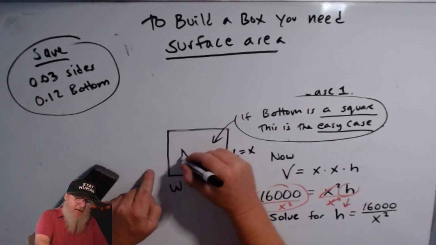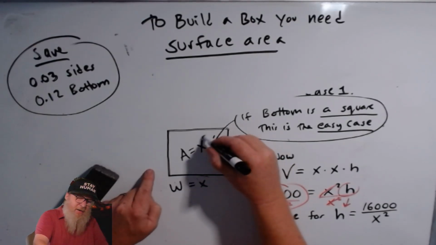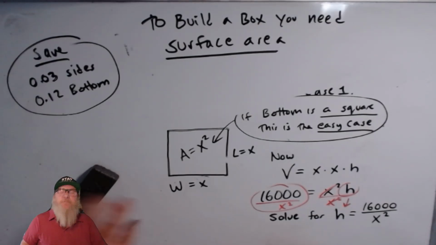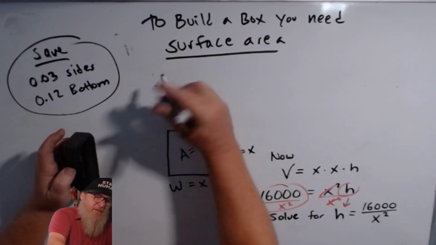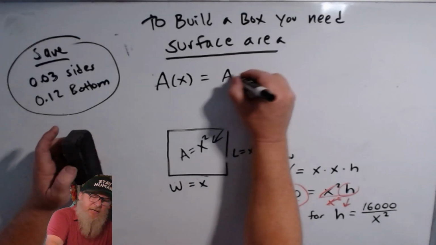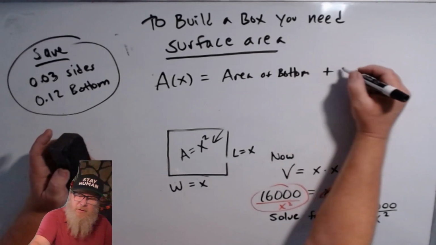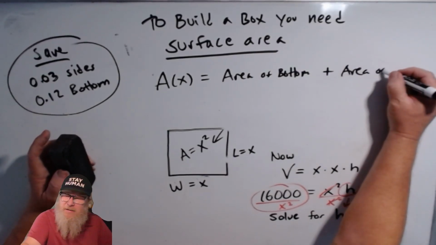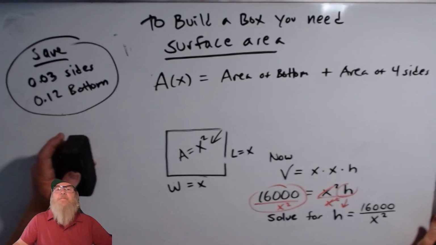So the area of the bottom is X squared. So the area, it's a function of X, is the area of the bottom plus the area of the four sides. Okay.